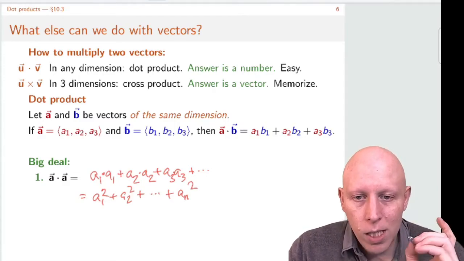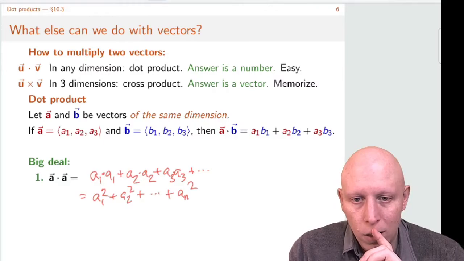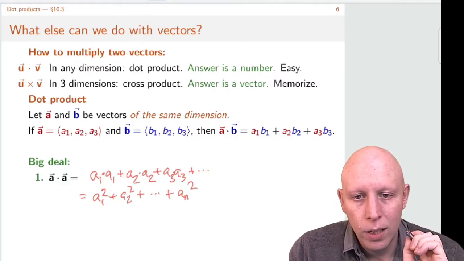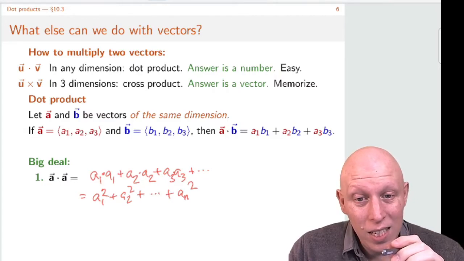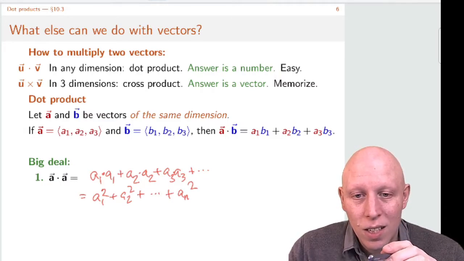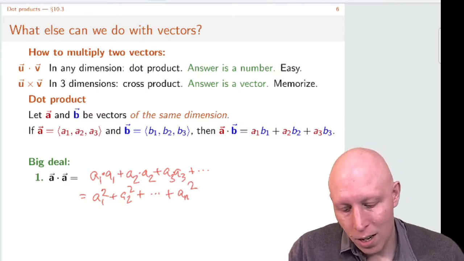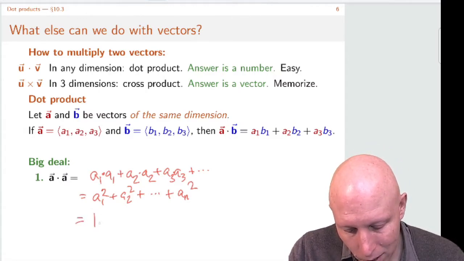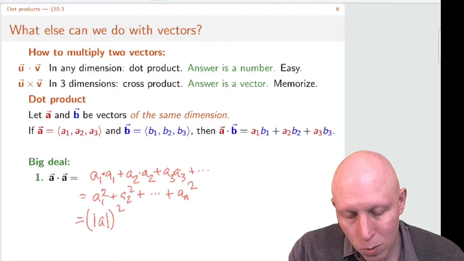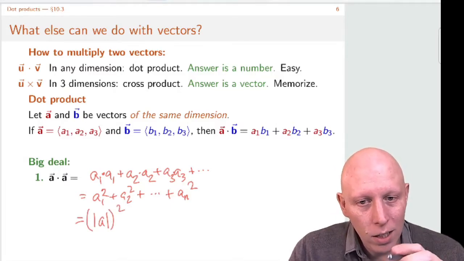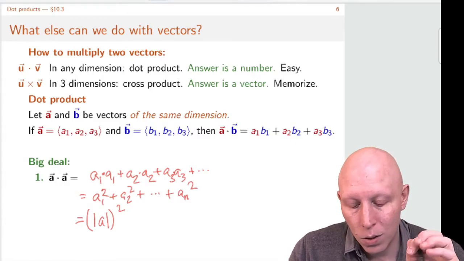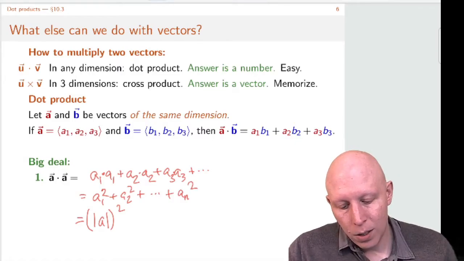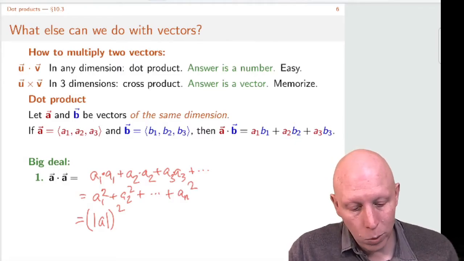Now, where have we seen something like that before? If you remember when we were talking about distance, this is basically the square of the distance, right? So this is equal to the length of A squared, because the length of A is the square root of that. So A dot A is equal to the length of A squared. All right, so that's one important thing to know.